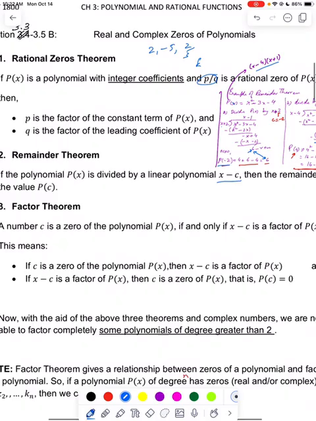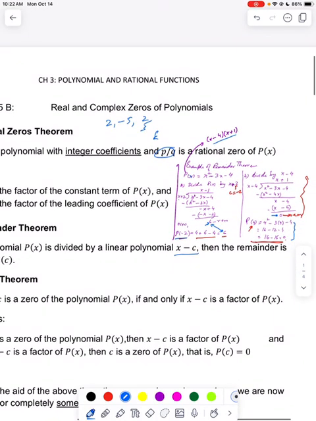When you are solving a quadratic, for example, x squared minus 3x minus 4 equals 0, the next step is (x minus 4)(x plus 1) equals 0.